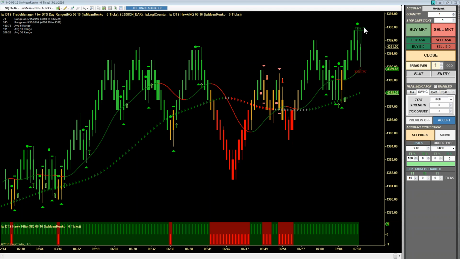Speaking of high probability signals, we're getting another first micro-macro cross signal here. So there's the first micro macro cross.